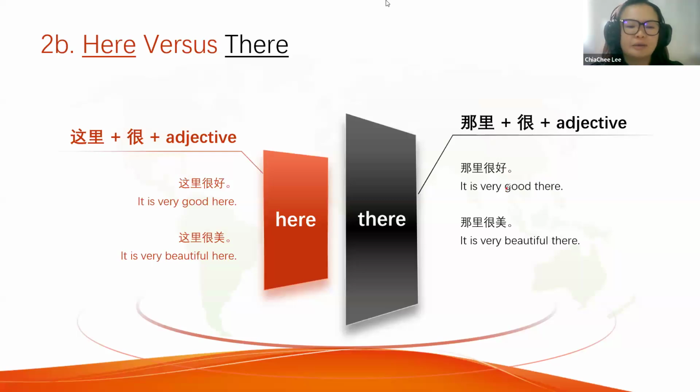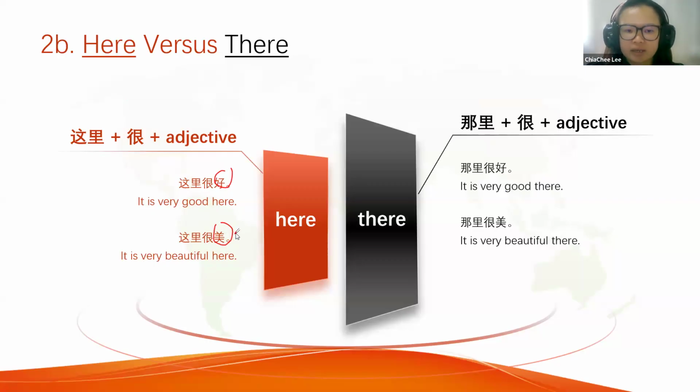So we try to express our emotion, I would say. For example, we can say 这里很好. 好 means good: it is very good here. And then we can say 这里很美, it's very beautiful here.